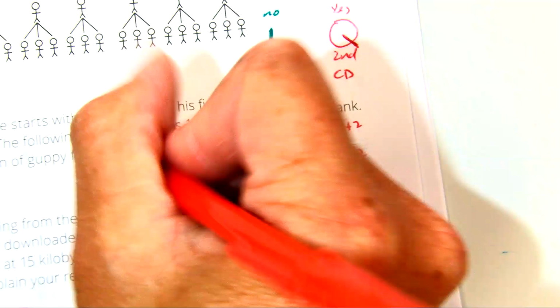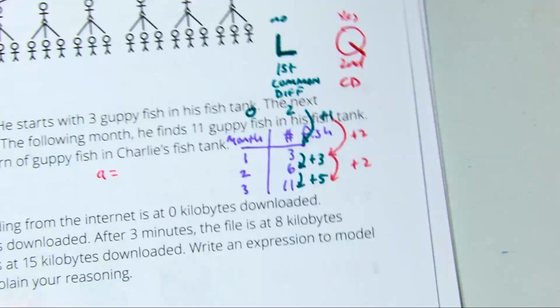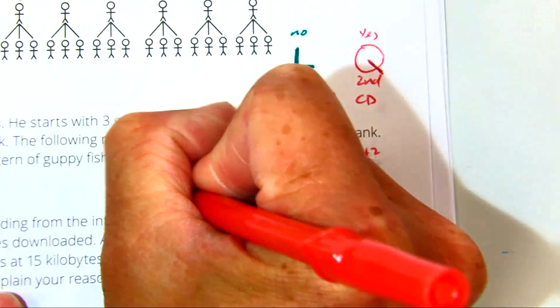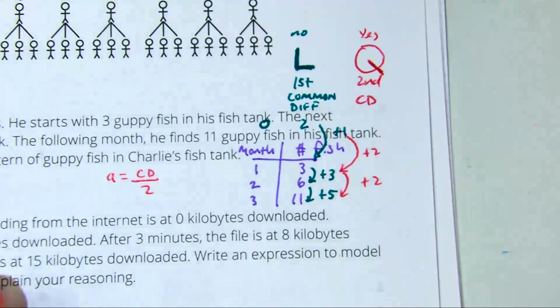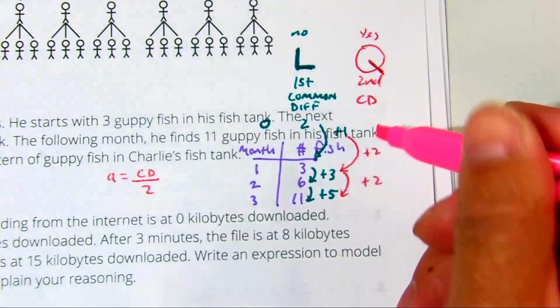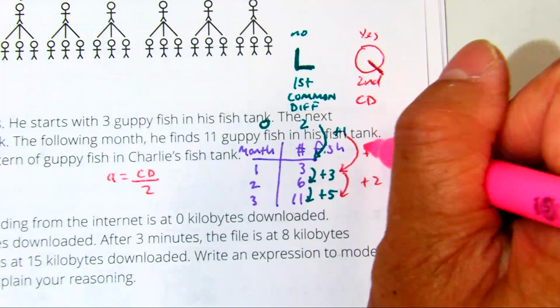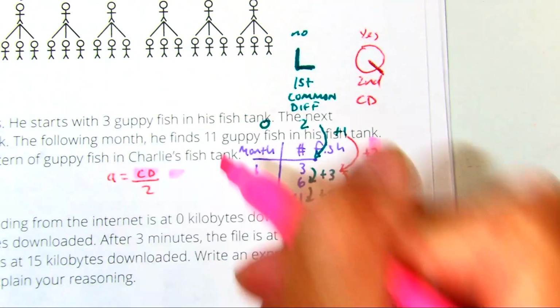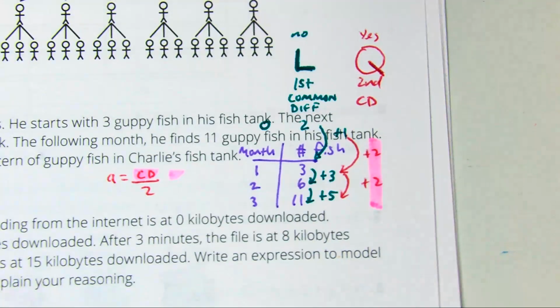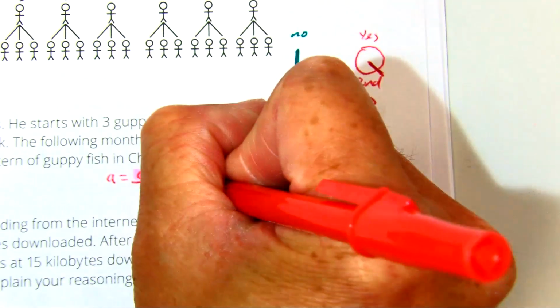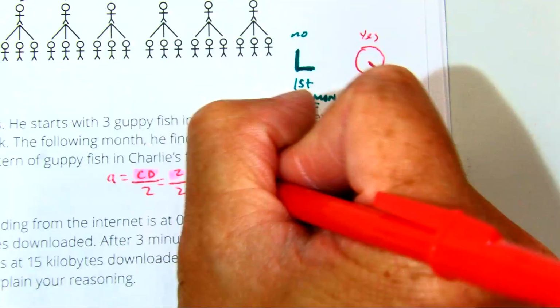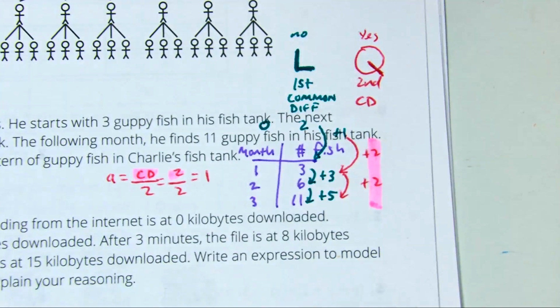A is equal to the common difference divided by 2. And my common difference here was 2. So 2 divided by 2 is 1.